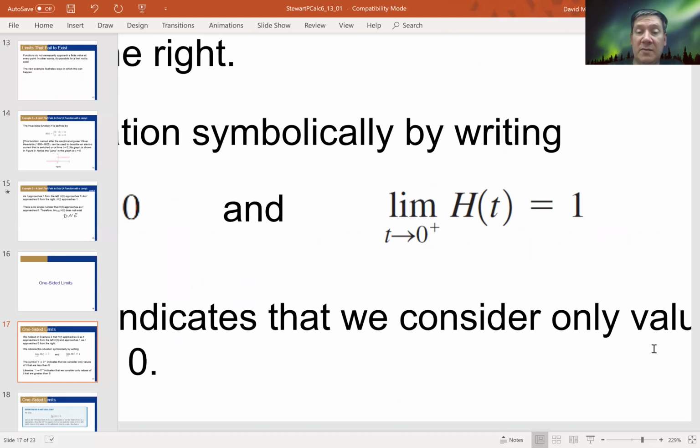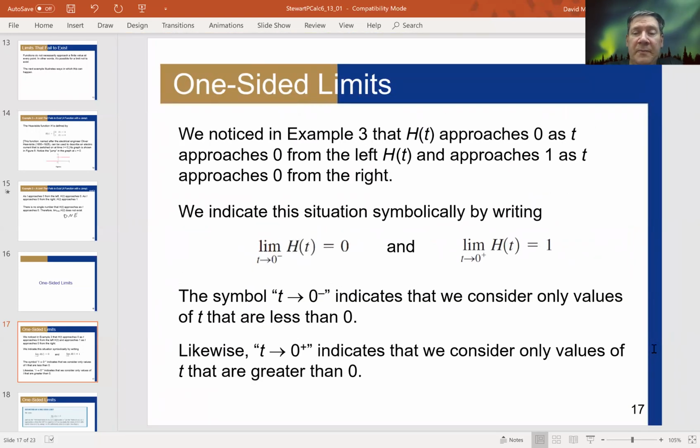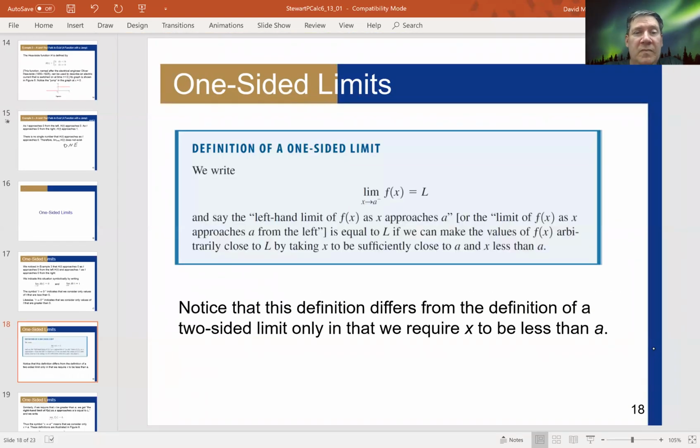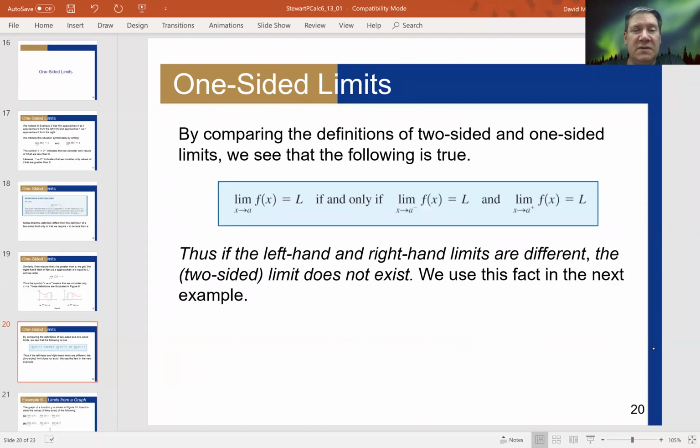Okay, so from the right, we're going to see that little positive symbol. From the left, we're going to see the little negative symbol. So again, that's our definition of a one-sided limit. One-sided or the right-handed limit or the left-handed limit, those are fairly synonymous.